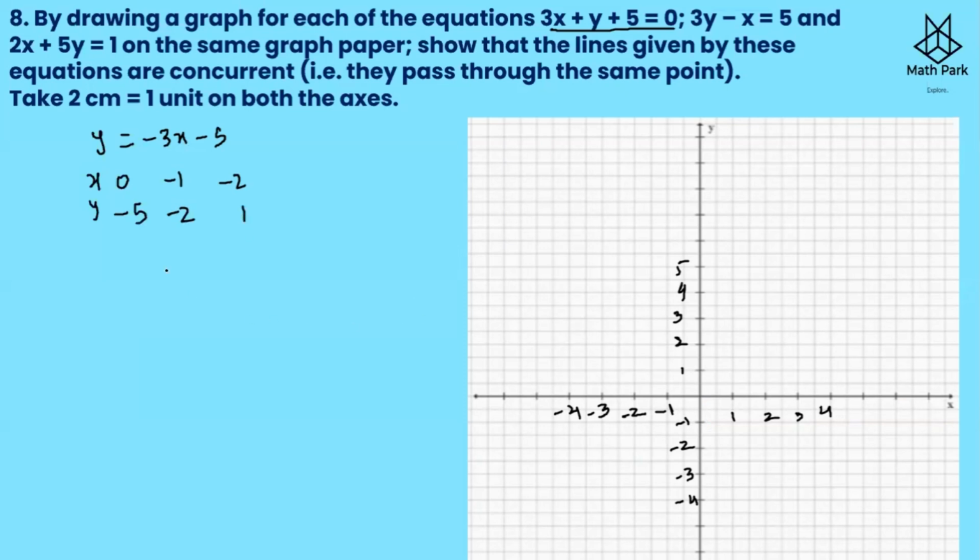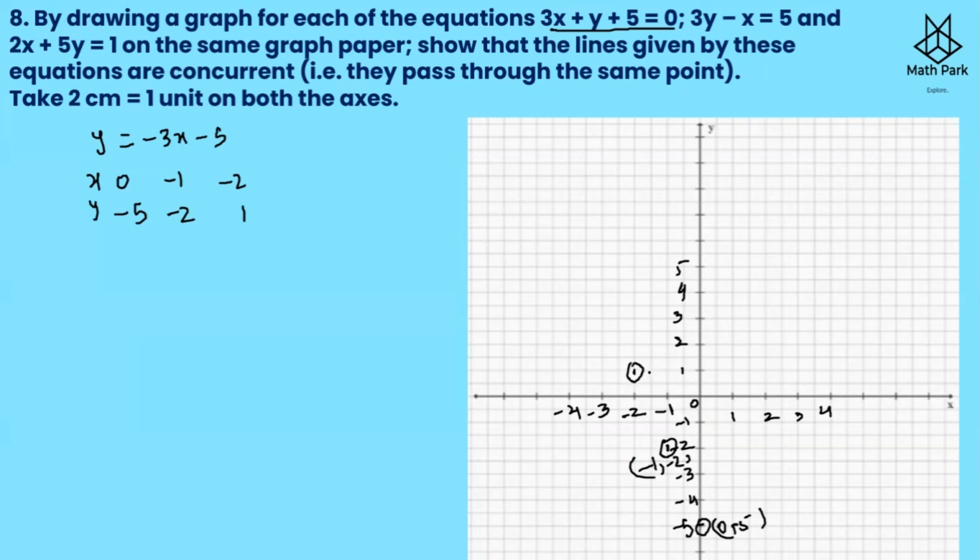So let us plot this point 0, comma minus 5. So 0 and minus 5 on y-axis. This is 0, comma minus 5. Then we have minus 1, minus 2. So minus 1 on x-axis and minus 2 on y-axis. And minus 2, comma 1. So minus 2 on x-axis and 1 here.